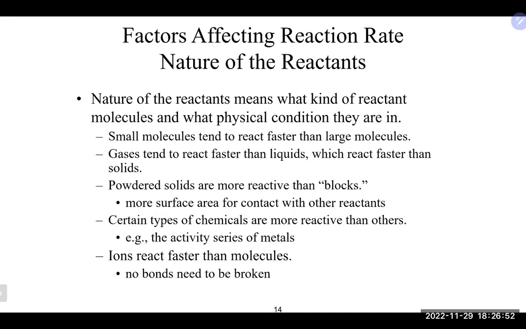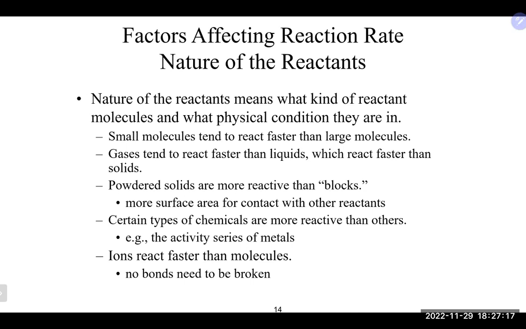All right. So let's talk a little bit about some factors that do affect reaction rates. The nature of the reactants, what physical states they are in, has an effect on the overall rate of a reaction. Smaller molecules tend to react faster than larger molecules. Gases tend to react faster than liquids, which react faster than solids.